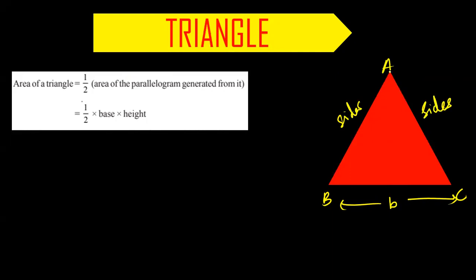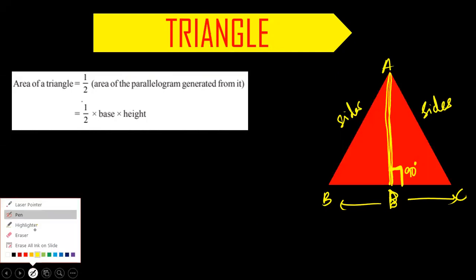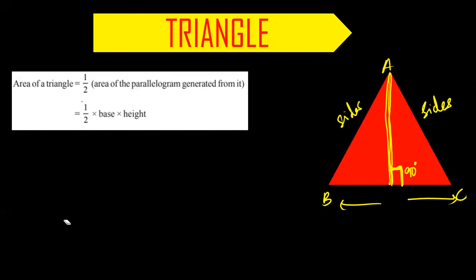If I draw a perpendicular on the base, or if I make a line that makes a right angle with the base length, from A, and I find this meeting point as D, and keep this length my base itself, then I can call AD as the altitude of the triangle.